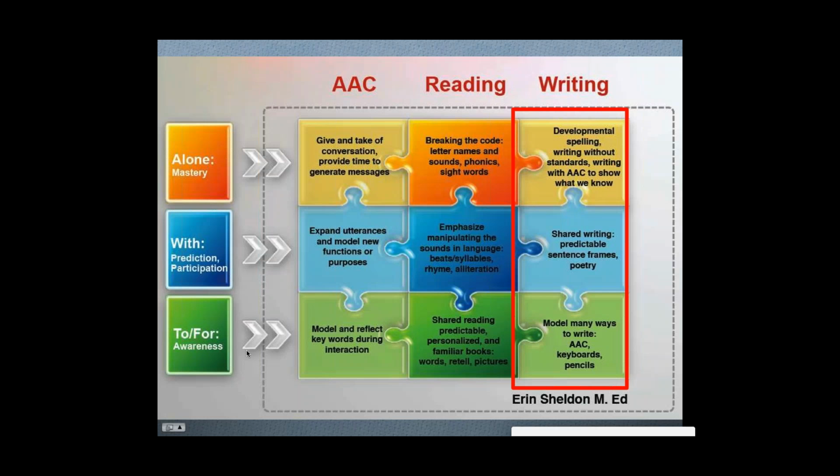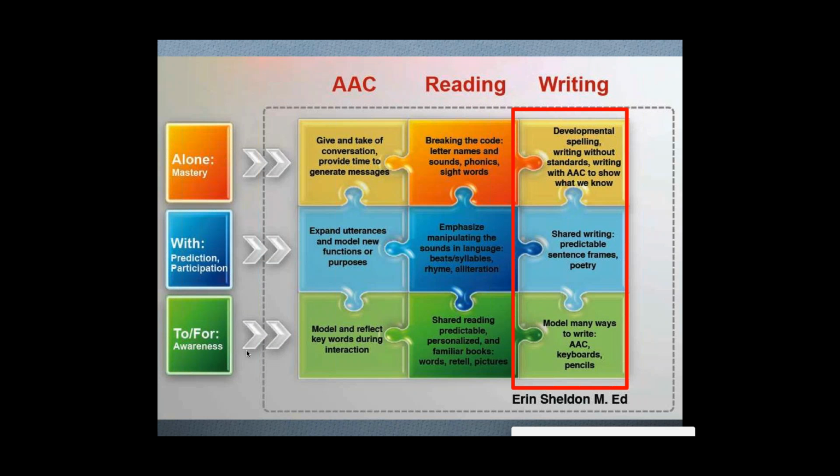So let's just jump in and see where this fits in our chart that Aaron created for us. Looking at 2-4, the awareness level, we'll be doing some sample modeling. Anytime we're writing with students, we want to model first. So we'll be modeling writing. We'll also be doing a lot in the shared writing. That middle block is where most of what I'm talking about today is going to be.